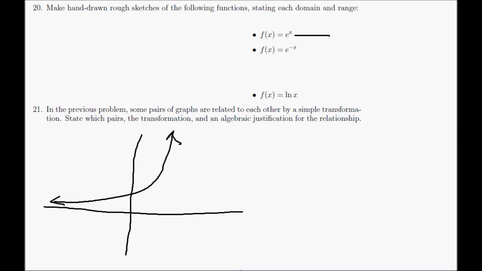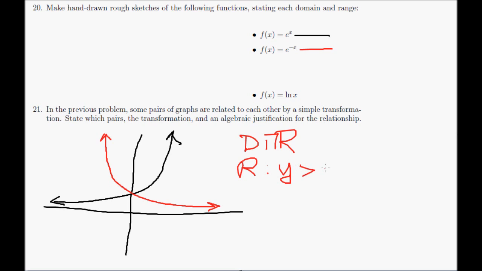The graph of e to the minus x will be the flip of that picture over the y-axis. So there's the graph of e to the minus x. And for both of these, the domain is all real numbers, and the range will be all numbers greater than 0.